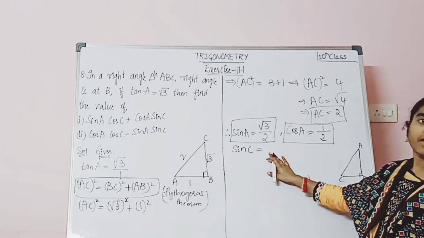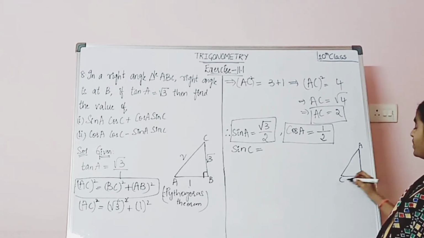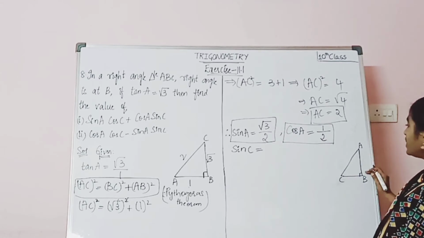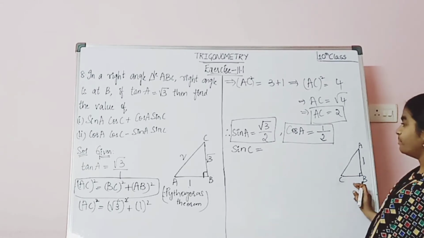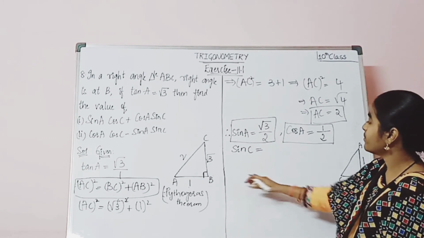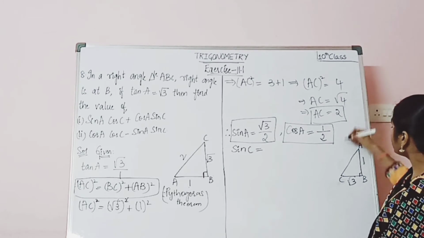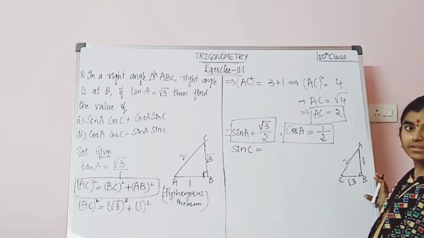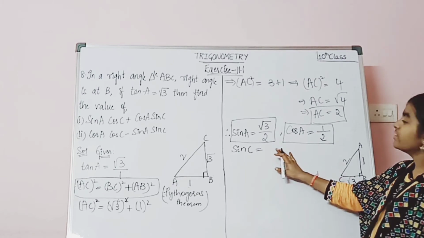So for finding sin C, we have to consider one more right angle triangle ABC. So here AB equals, what is the value of AB? 1. Now BC, what is the value of BC? Root 3. Next AC, what is AC? 2. So with the help of this right angle triangle, now we are going to find sin C value.